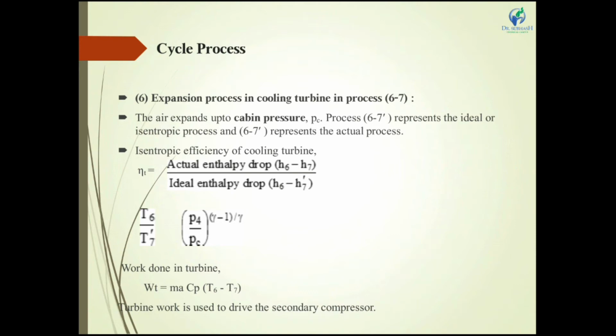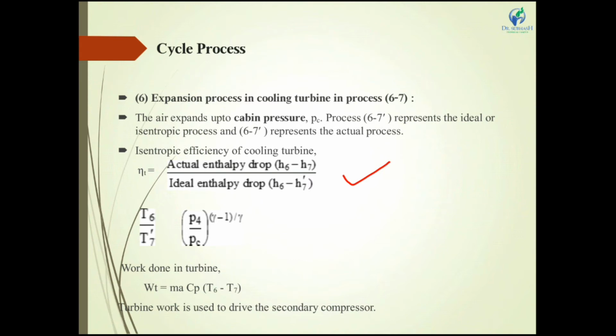The isentropic efficiency of the cooling turbine is the actual enthalpy drop divided by the ideal enthalpy drop. The actual enthalpy drop is the enthalpy difference from point 6 to 7, higher enthalpy minus lower enthalpy, so the turbine efficiency is equal to H6 minus H7 divided by H6 minus H7 dash.